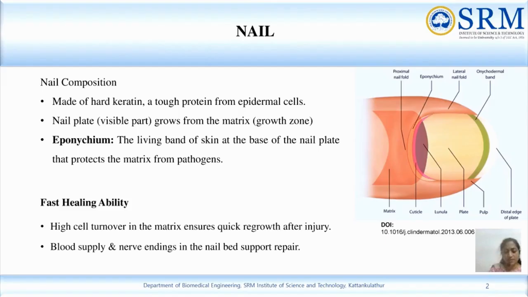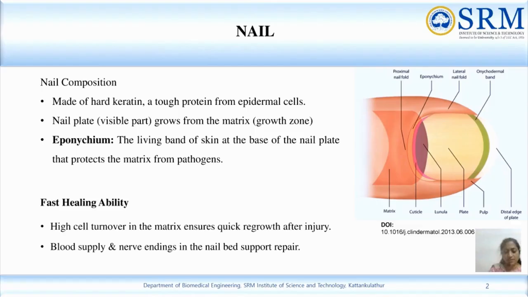Because this fingertip is rich in a lot of nerves and blood vessels, the nail is provided to support and protect it. The nail generally has a fast healing ability, and it has a high cell turnover in the matrix.